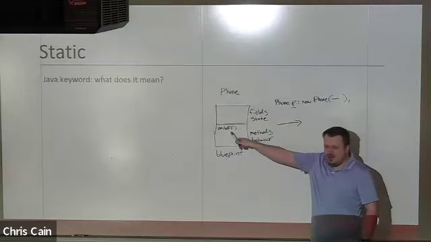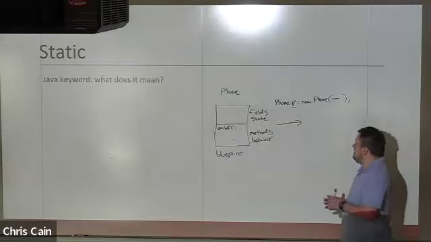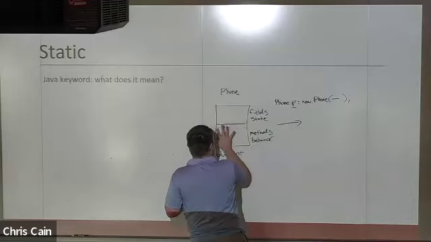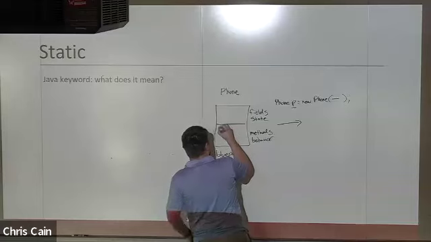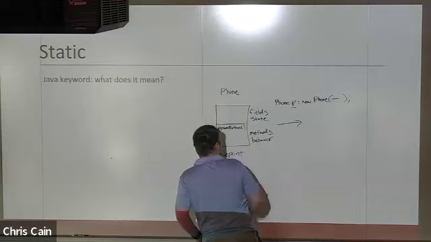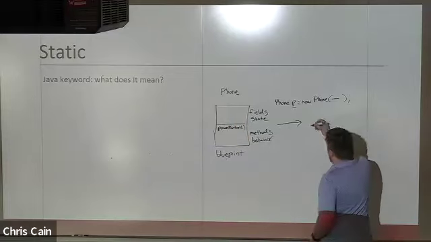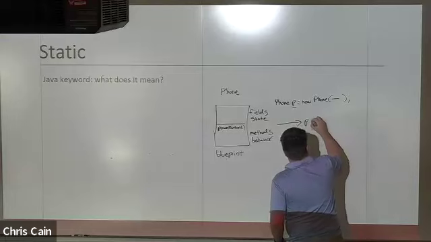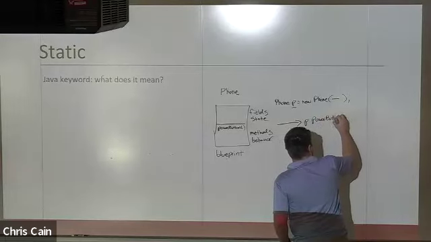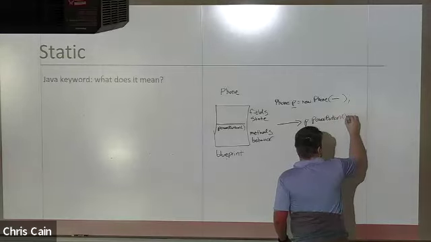But now the on-off method for phone P, if we wanted to, let's just call this power button. If I say P dot power button, this would cycle it.